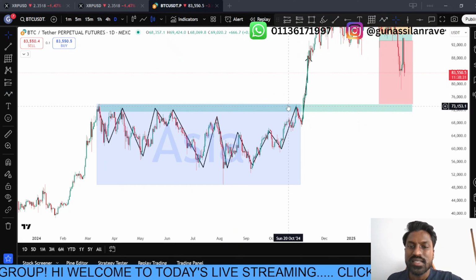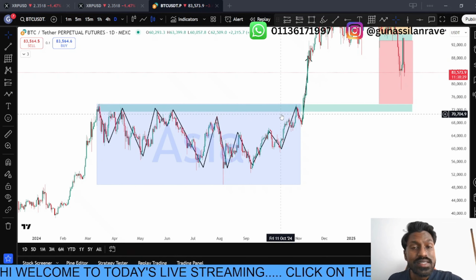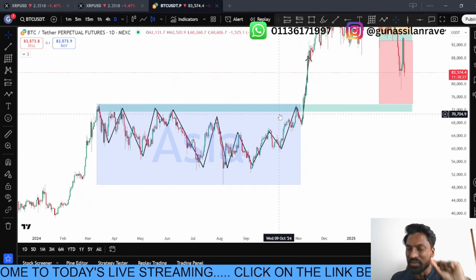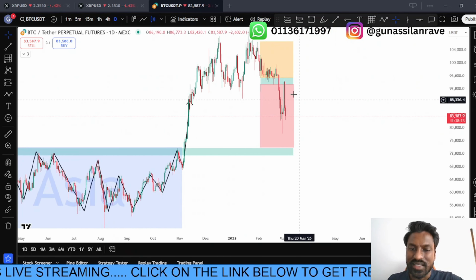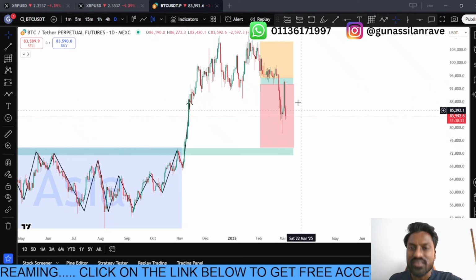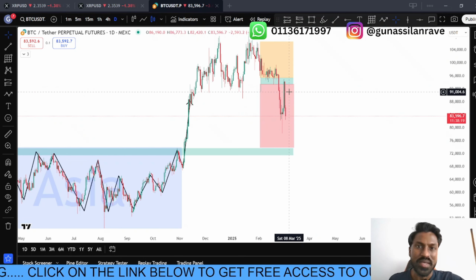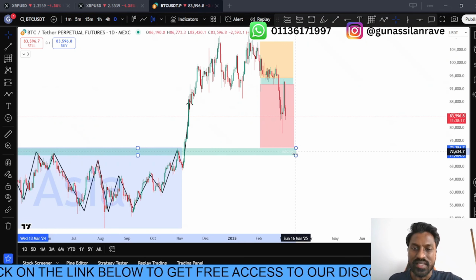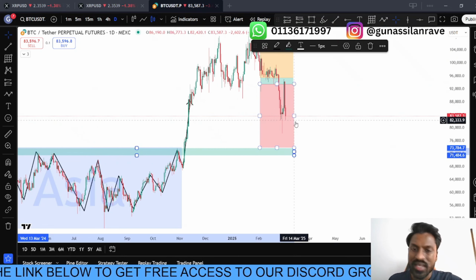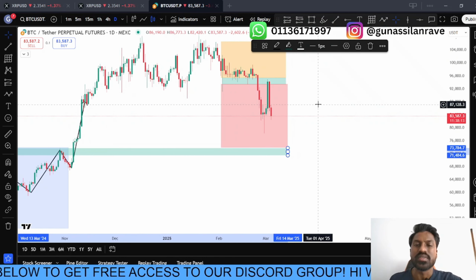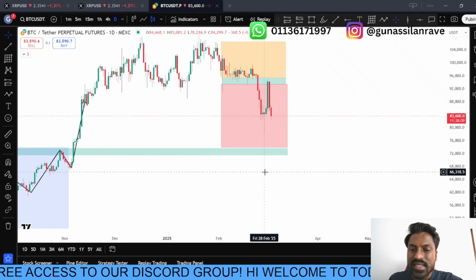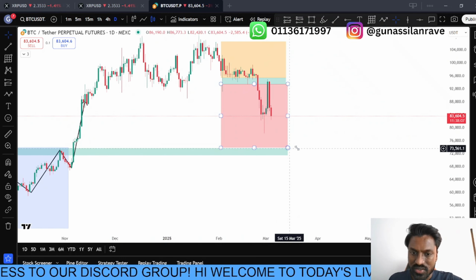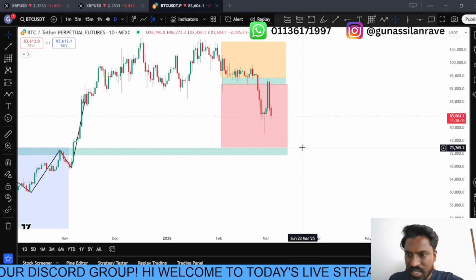So initially this was a resistance zone, and now it becomes a support. So where do we think the floor of the current level price is in could be? It could be this zone right now. Potentially we are going to see price move towards the downside at least up to this floor level.